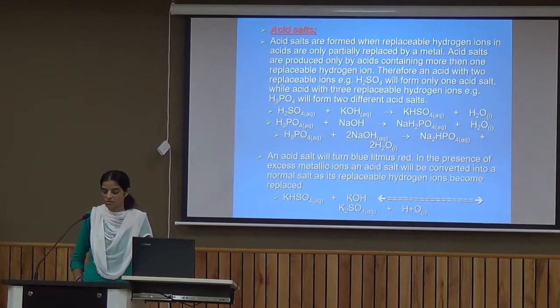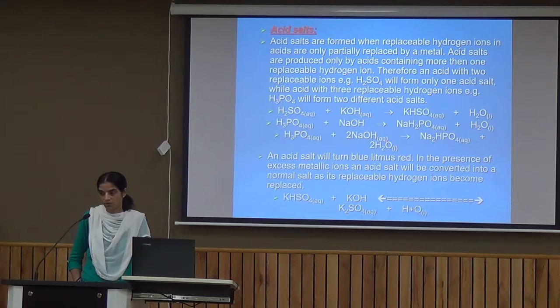Next we have acid salts, where all the replaceable hydrogen ions present in the acid are not replaced at once. They are only partially replaced. For example, let us see, sulfuric acid reacting with potassium hydroxide, KOH. Sulfuric acid has two replaceable hydrogen ions. But in this reaction, what is happening?